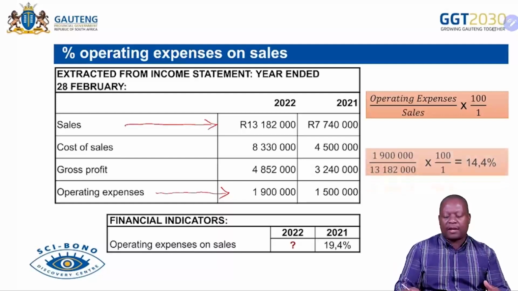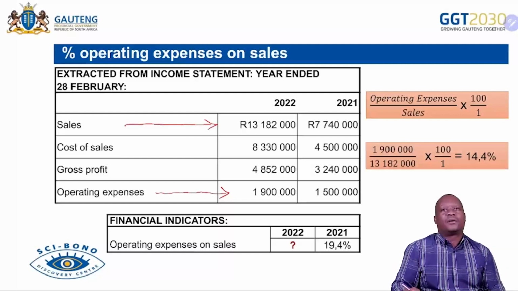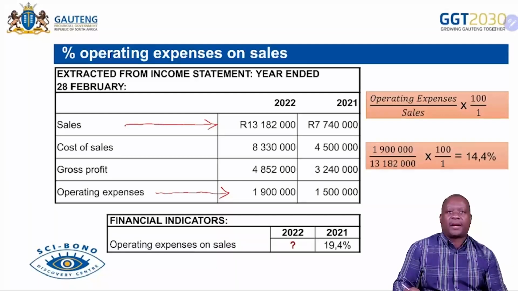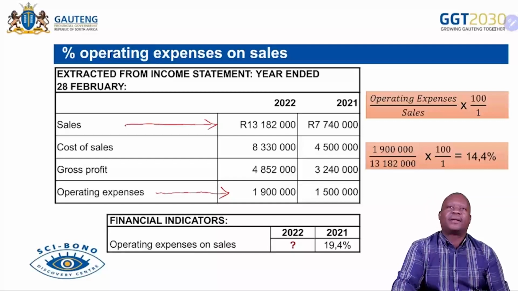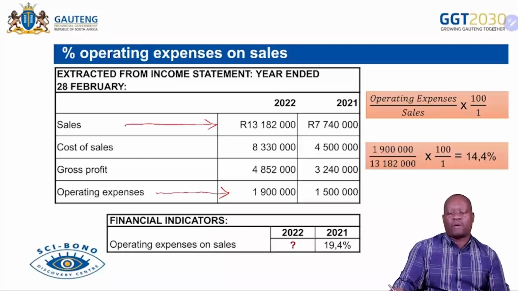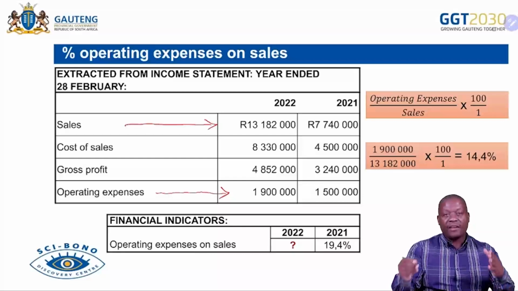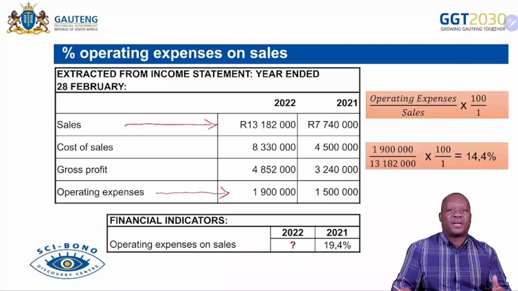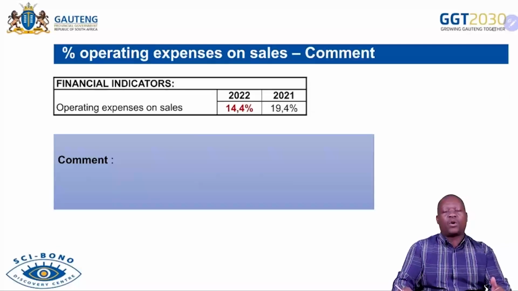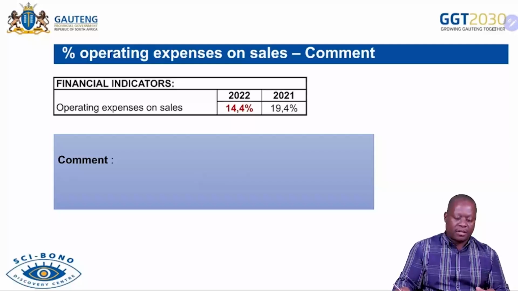So there we are, 1,900,000 divided by 13,182,000. When we multiply by 100, it gives us 14.4%. Very important to indicate our percentage as the unit for operating expenses on sales.